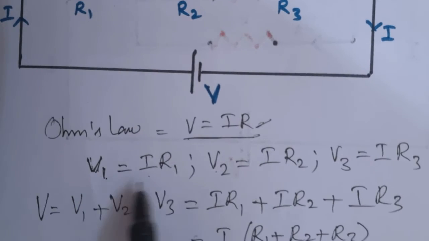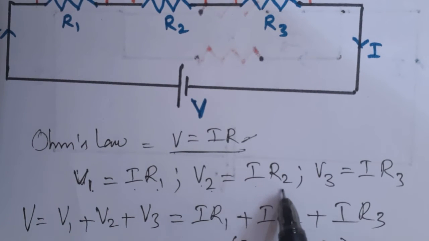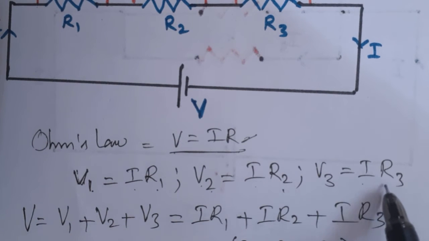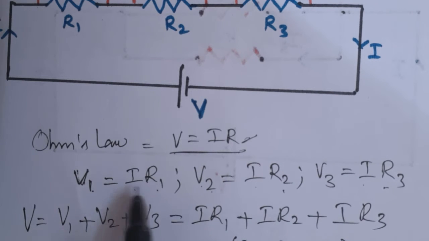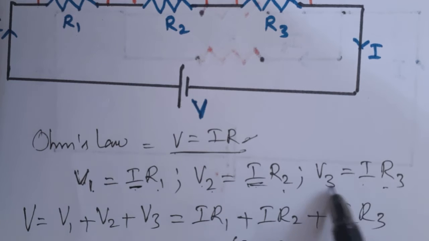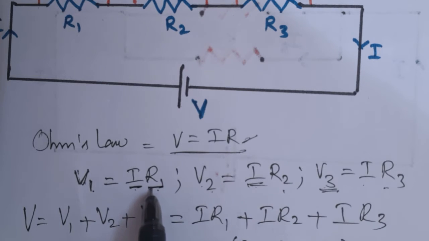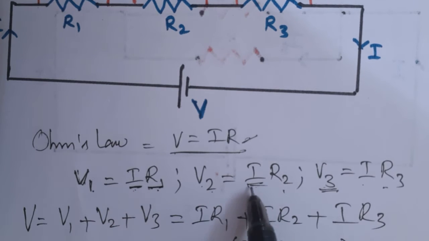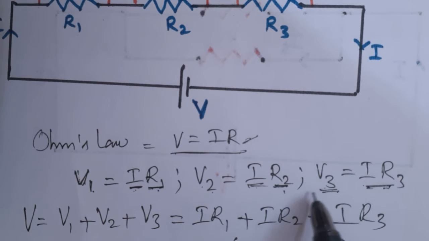So V1 equal to I into R1, V2 equal to I into R2, V3 equal to I into R3, just simply applying Ohm's law. I is constant throughout, only the potential difference varies across R1, R2 and R3.